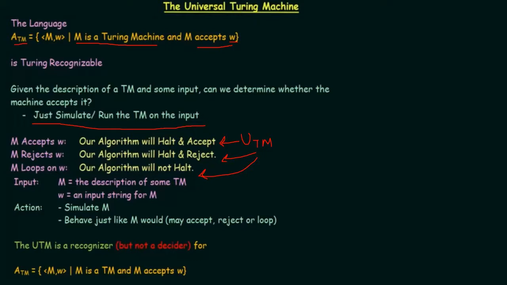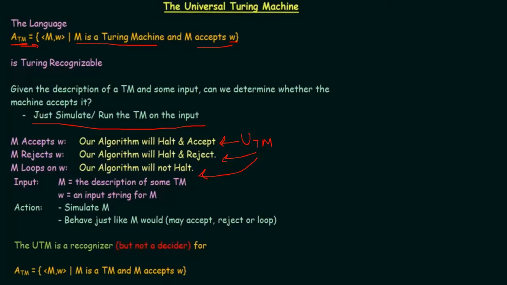You have the M or A_TM, the actual Turing machine, and here you have the universal Turing machine that can emulate whatever this machine was capable of. This machine is busy doing other work, and the description and information about it has already been passed on to the universal Turing machine.